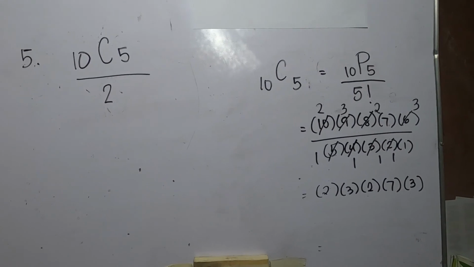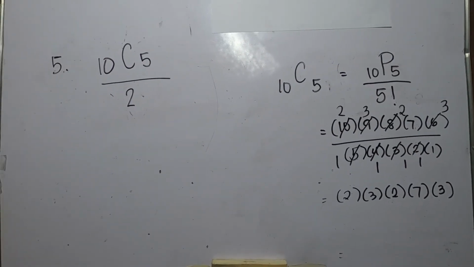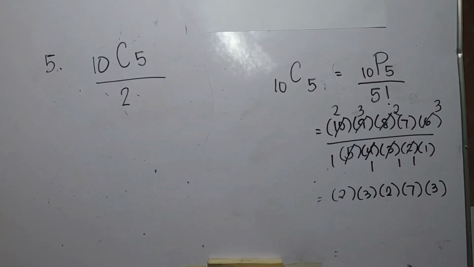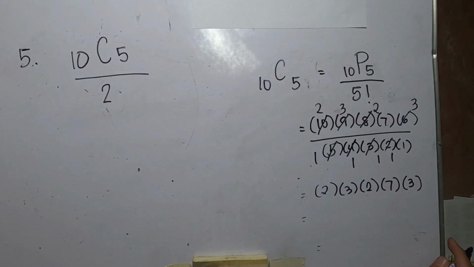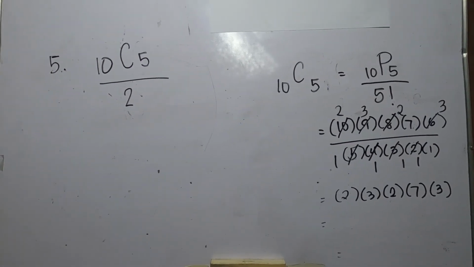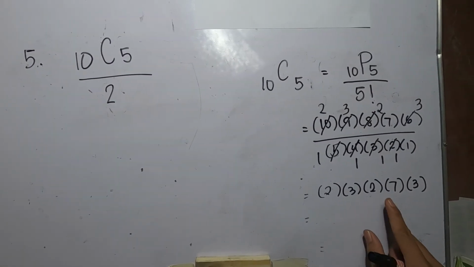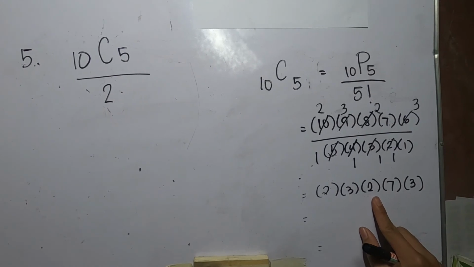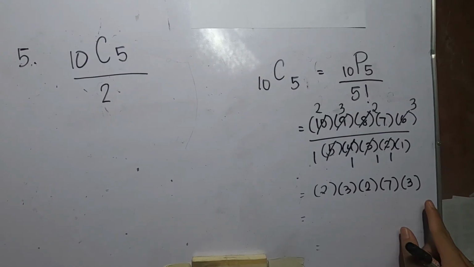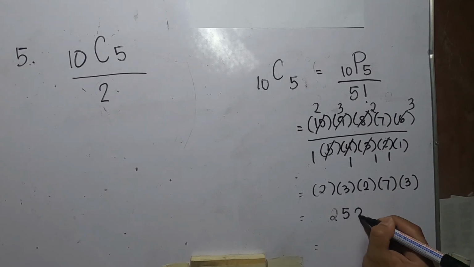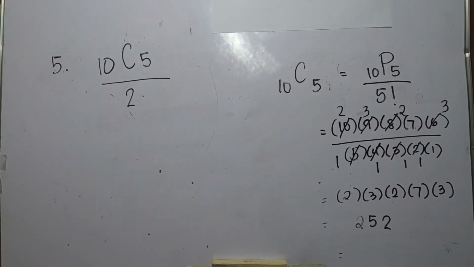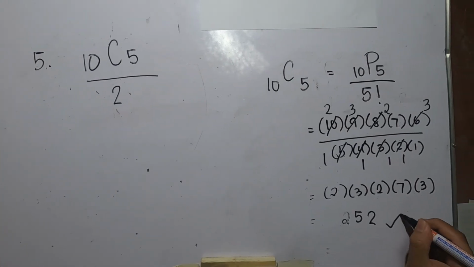Finding common factors in the numerator and denominator, combination of 10 taken 5 becomes 2 times 3 times 2 times 7 times 3. 2 times 3 is 6, times 2 is 12, times 7 is 84, times 3 is equal to 252. Therefore, combination of 10 taken 5 is equal to 252.